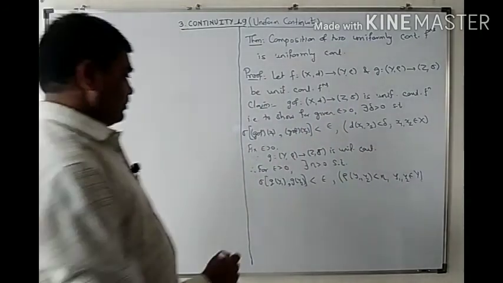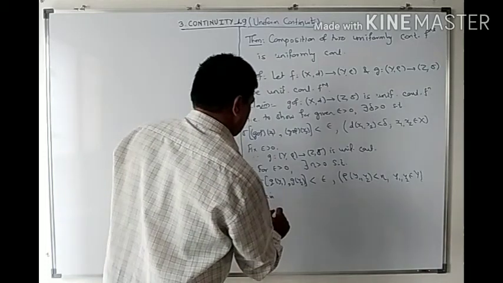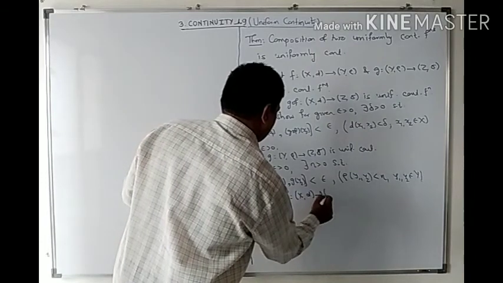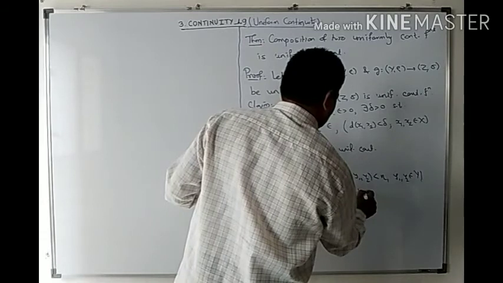Again, f from (X, d) to (Y, rho) is a uniformly continuous function.